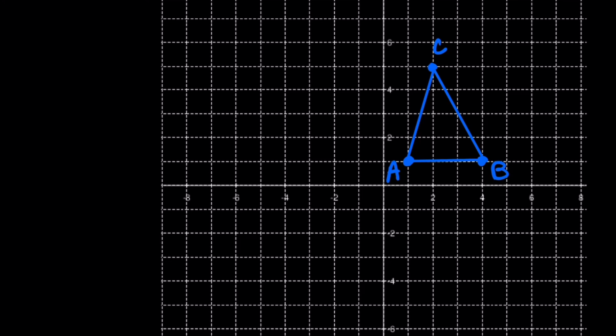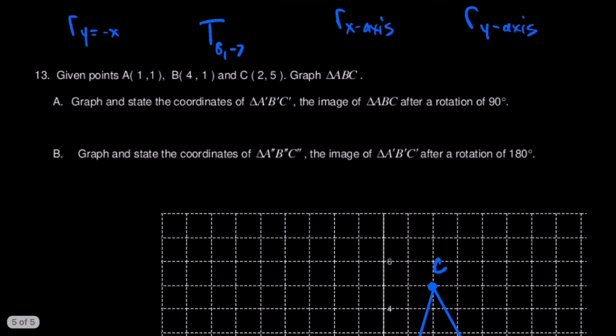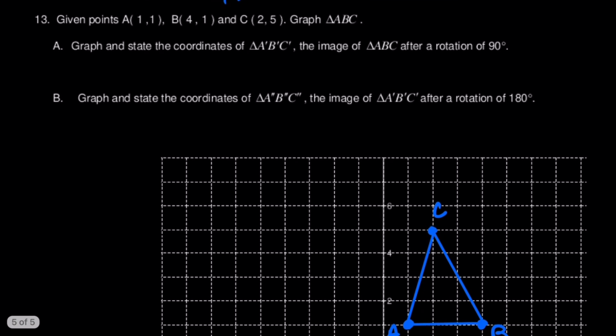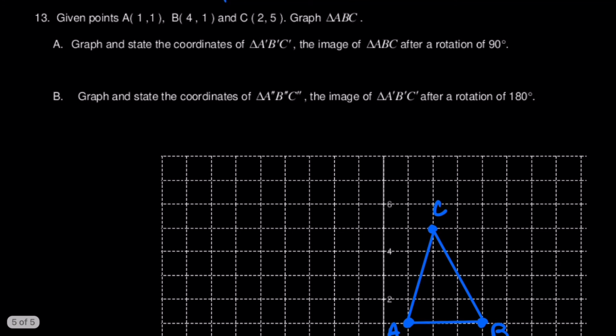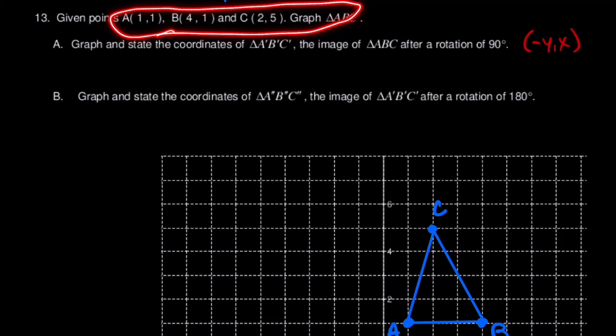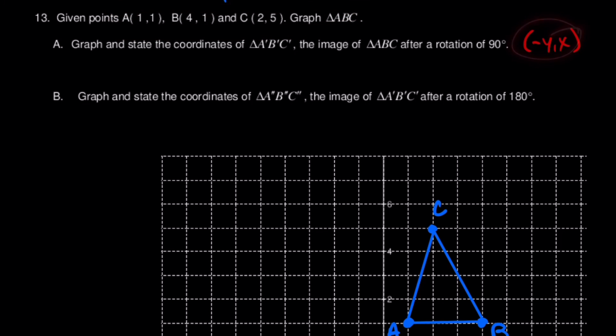All right, so now it says graph and state the coordinates of triangle A prime, B prime, C prime, the image of triangle ABC after a rotation of 90. So a rotation of 90, I'm going to jot down the rule here. This is too hard to do visually. If you look at your study guide, the rule for rotating 90 is negative y, x. So I will use these coordinates and apply this rule, and I'll list the new coordinates first.